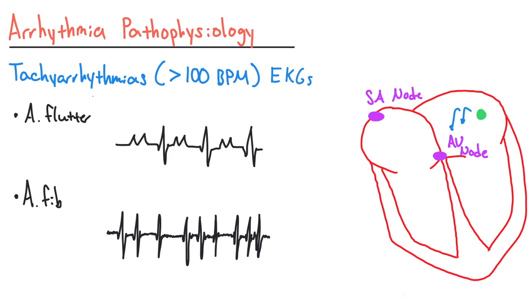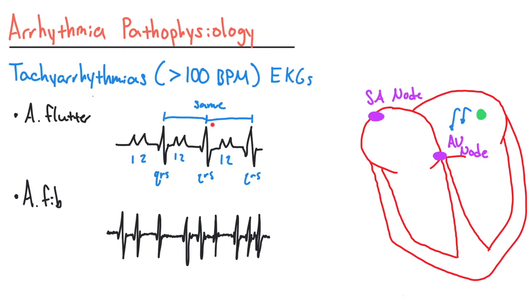So as we see in this graph here, we have 1, 2, and then we have our QRS, 1, 2, QRS, 1, 2, QRS. And if we were to measure the R to R interval, the interval between each of these QRS complexes, these are going to be the same.